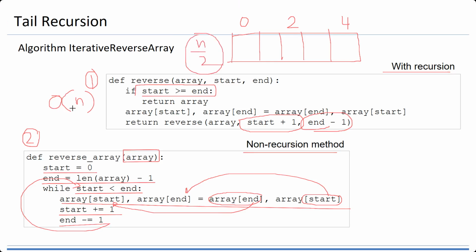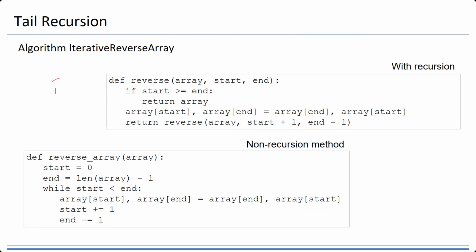If you look at the O n divided by 2, yes, there is no n divided by 2. It is approximately, okay, you can say it is approximately, we have the log n. Approximately. What about this? This is also the same. We have the condition start is less than n.